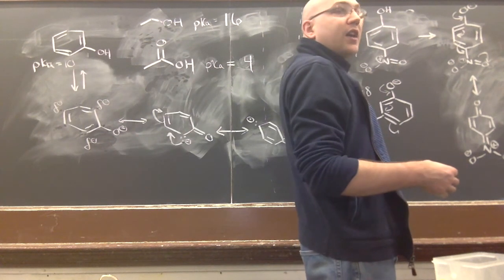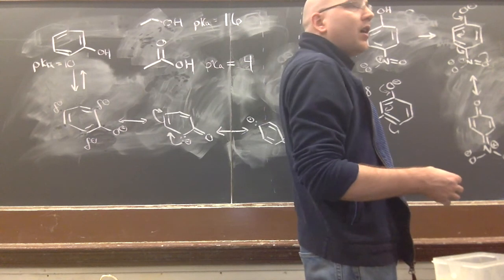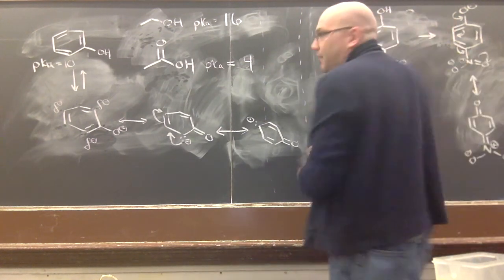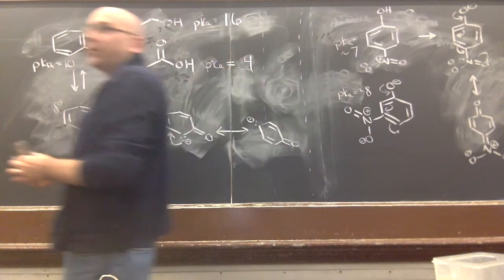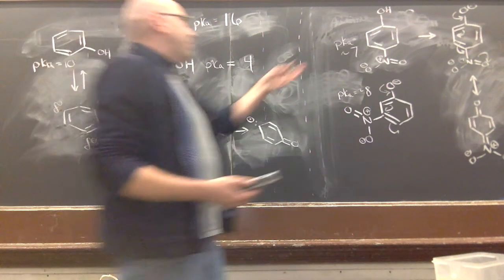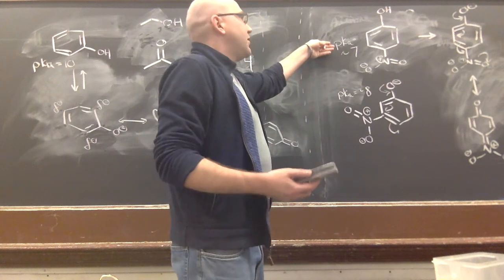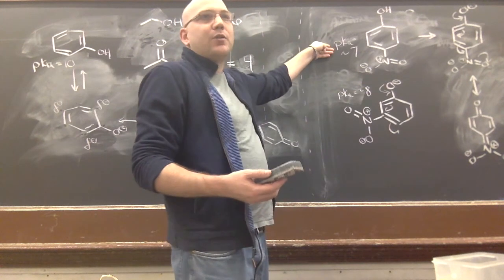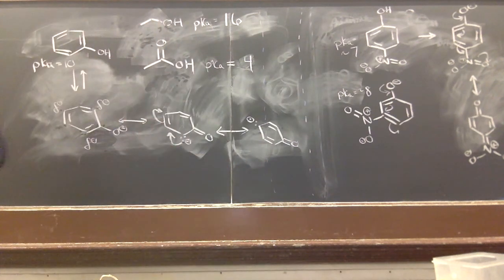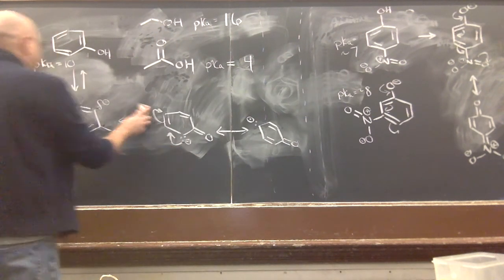If it was at the ortho position, then again, it would also have that resonance stabilization, but it might be closer. So I'm not sure what the relative pKa differences are in that case, but you could probably guess that it would be as good as this, maybe better based upon closer proximity of the group. If it wasn't, then maybe there's some repulsion going on or something.